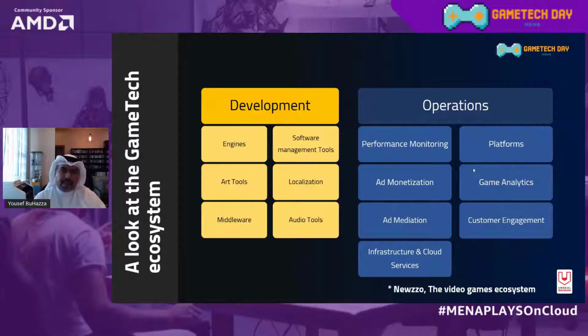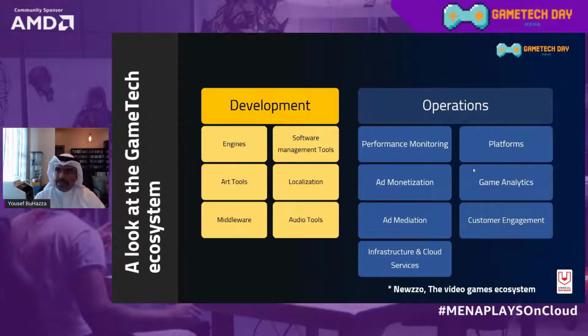And sometimes ad monetization becomes a little bit intermingled with ad mediation, which is you being able to go out of the normal network of, let's say, Google AdSense, and enter other networks where you can actually start sharing your ads to other, or should I say, receiving ads from other networks.